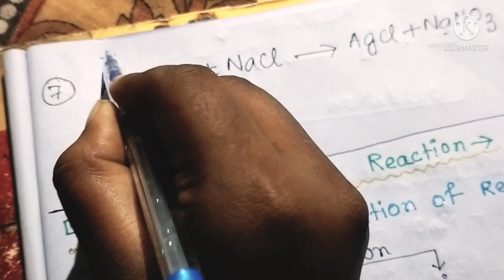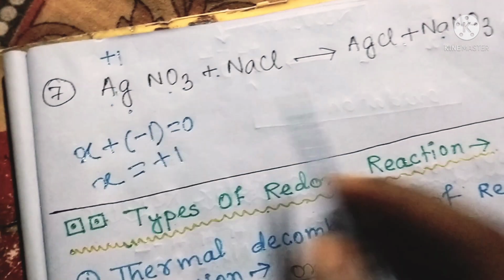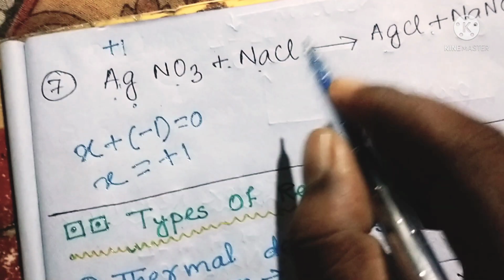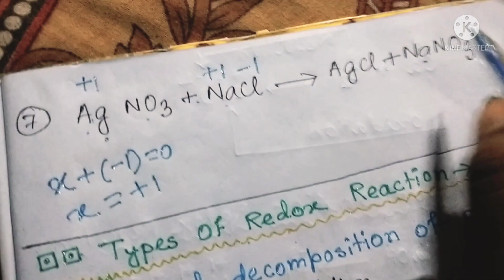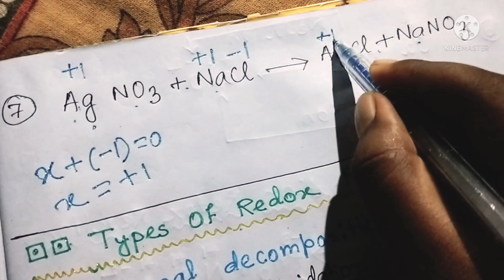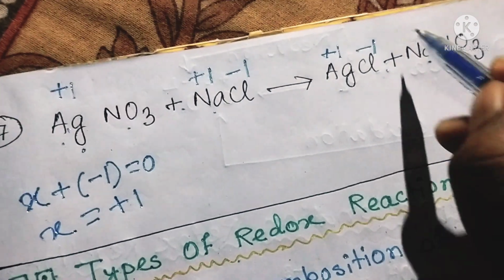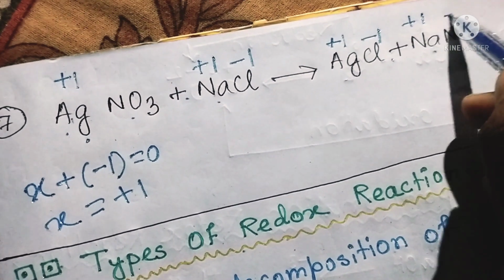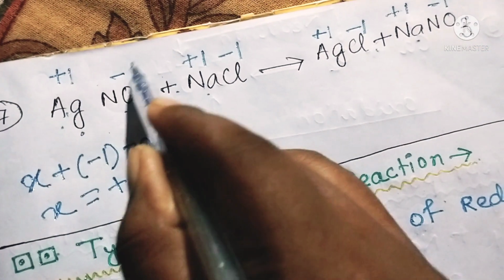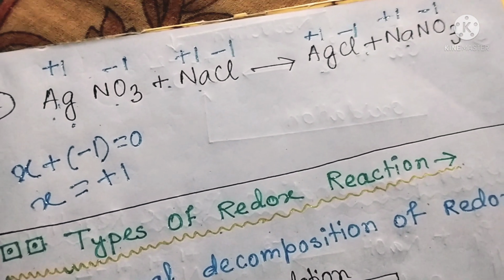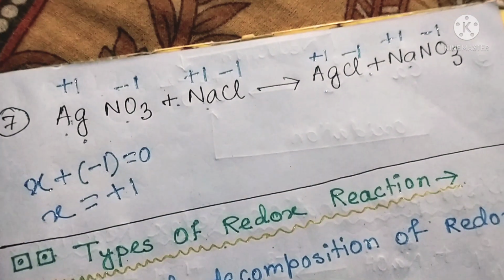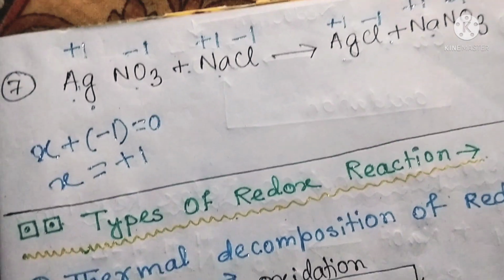So the oxidation state of this is +1. NaCl is +1, -1; AgCl is +1, -1; Na is +1 and NO3 is total -1, and here also -1. So no oxidation and no reduction occurs here.